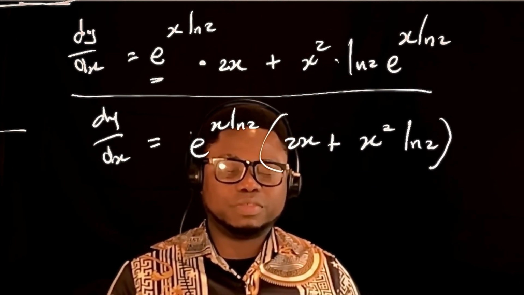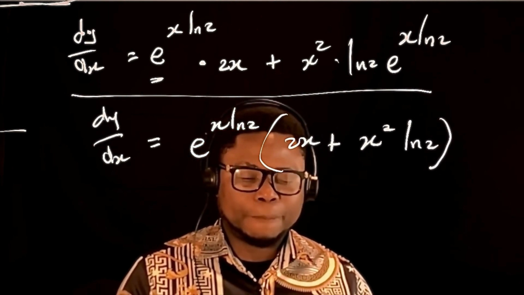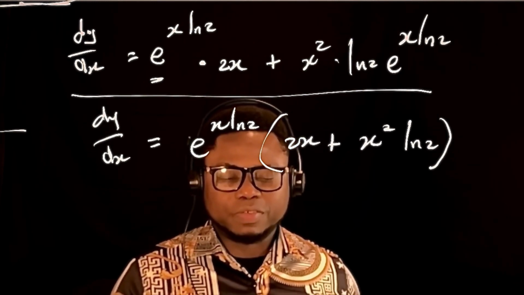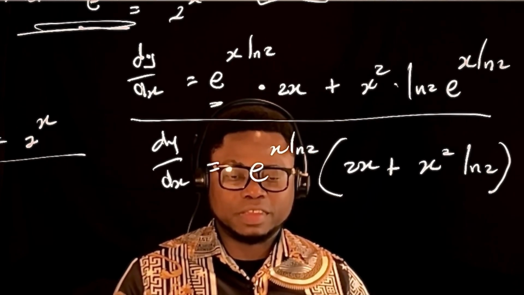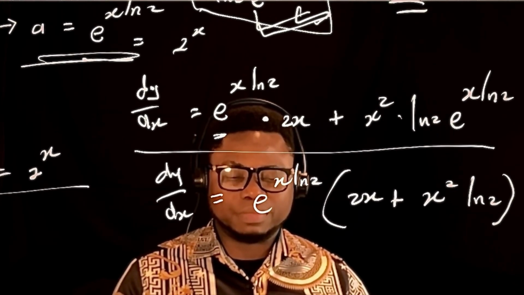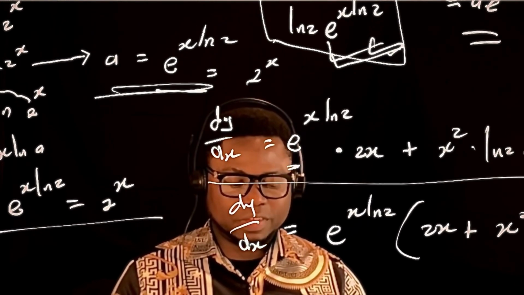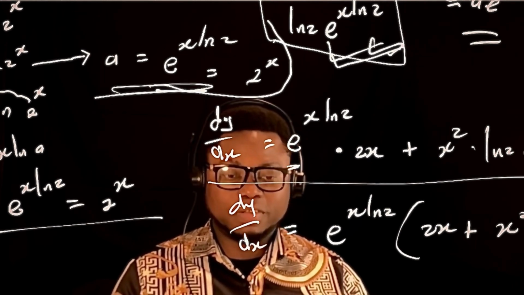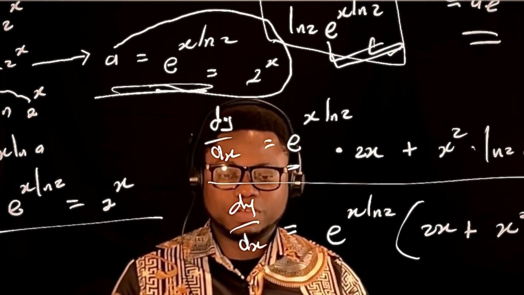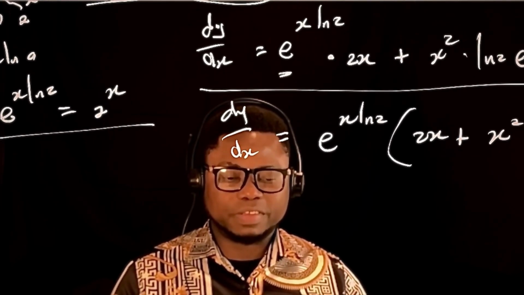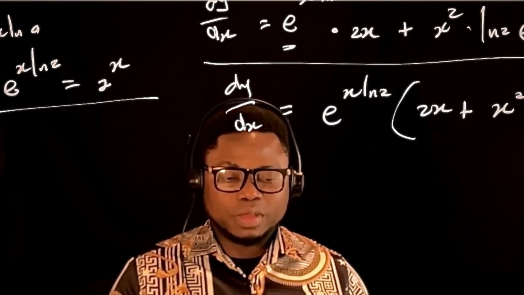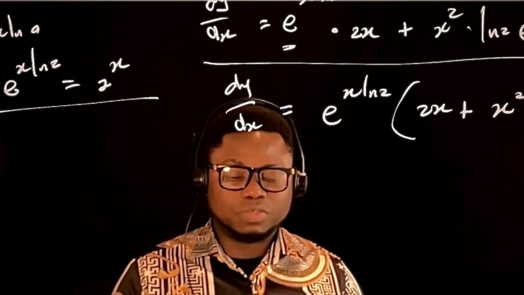So this is what it is when I factorize it. Now, you know that e raised to the power of x ln 2 is the same thing as 2 raised to the power of x. So I can decide to replace e raised to the power of x ln 2 with 2 raised to the power of x.